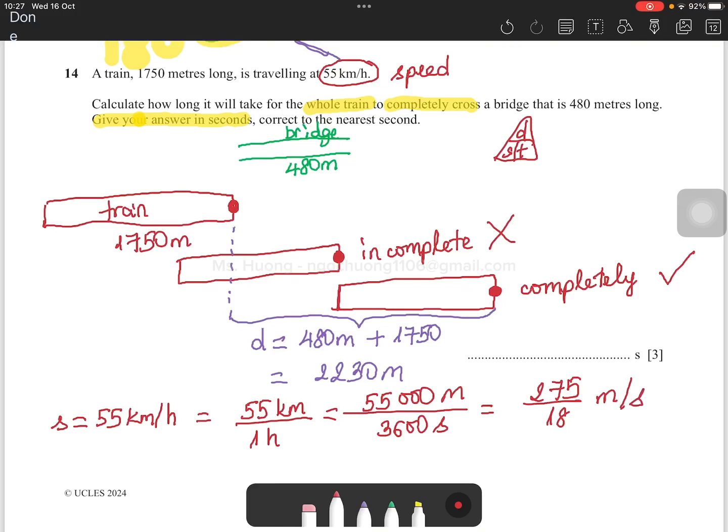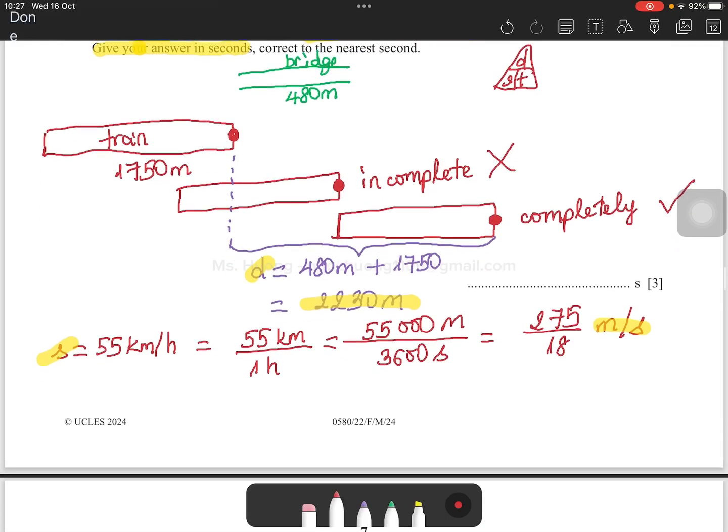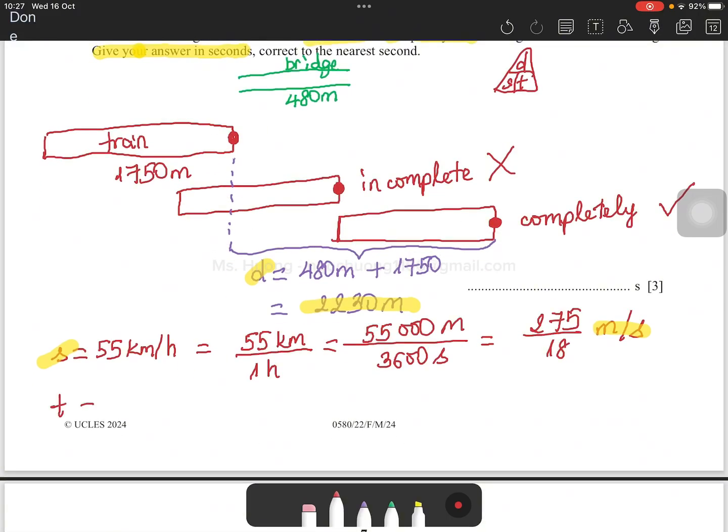This is the speed. So now we know the distance, and we also know the speed. Then we apply the DST triangle. We find the time. The time is equal to distance divided by speed. The distance is 2,230 divided by the speed, which is 275 over 18.